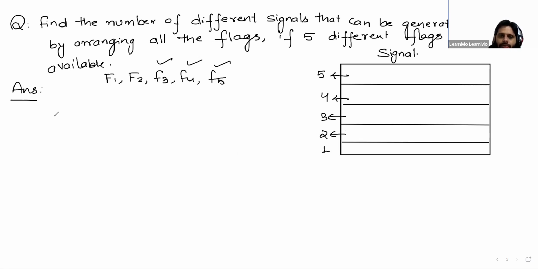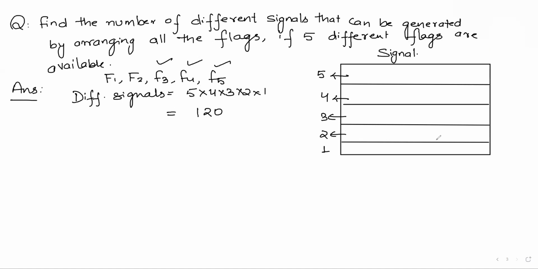Now 1 is remaining. So how many different signals? This will be equal to 5 into 4 into 3 into 2 into 1, so this is equal to 120. Is this clear? Yes, sir. Rishan, please let me know if you have any doubt in this.